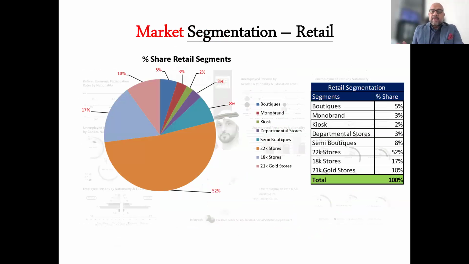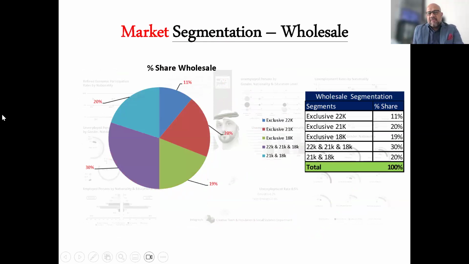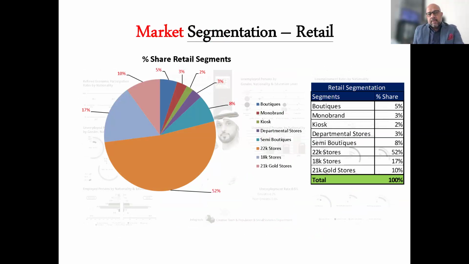So we have done a quick retail segmentation. If you look at the retail segmentation here, there are 5% boutiques, mono brands, kiosks, departmental stores, semi-boutique. The most important thing when you look at the last three, that is 22 karat stores, 18 karat stores, and 21 karat gold stores.